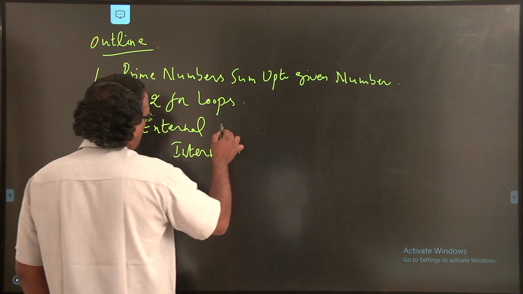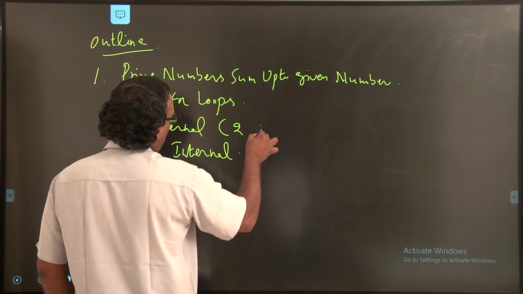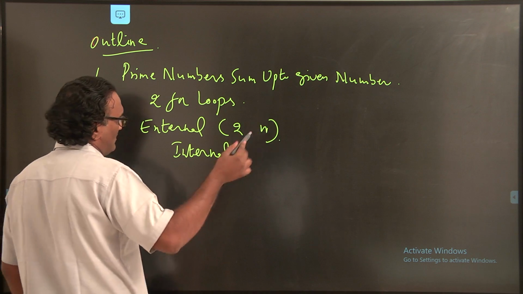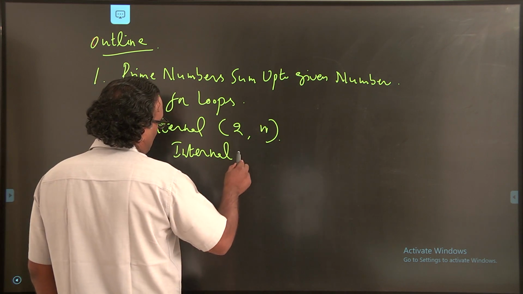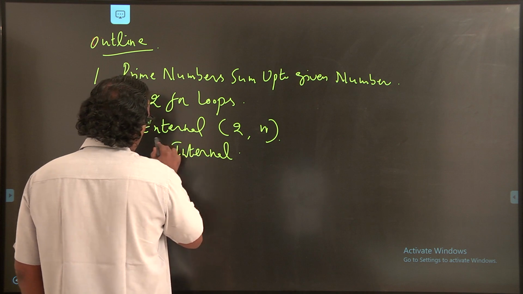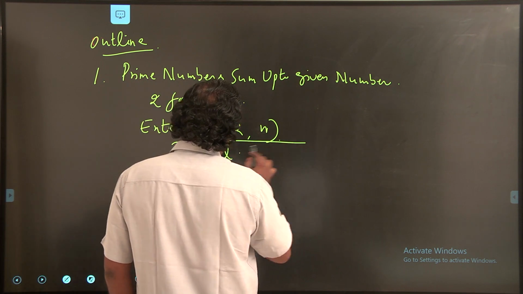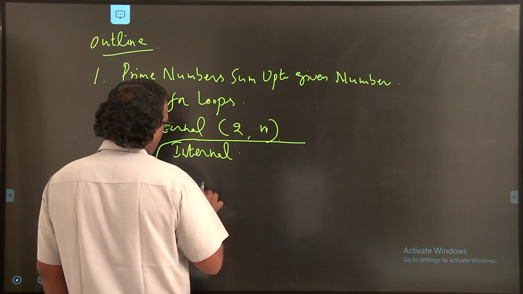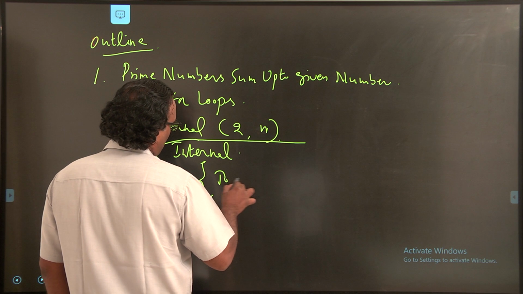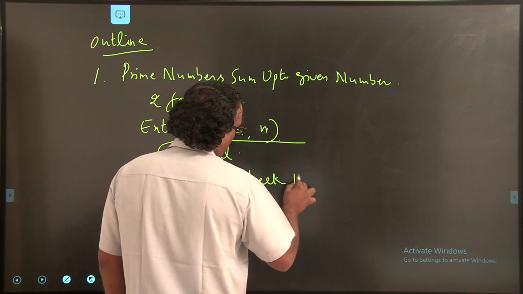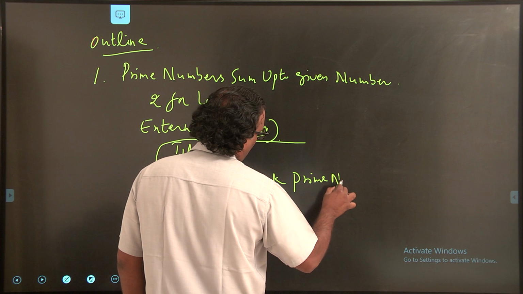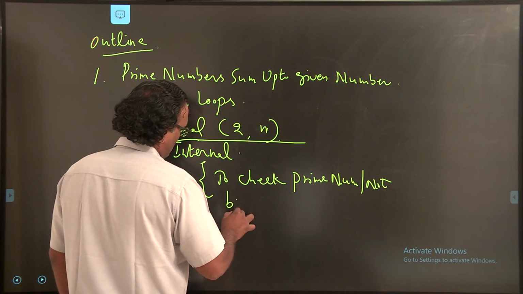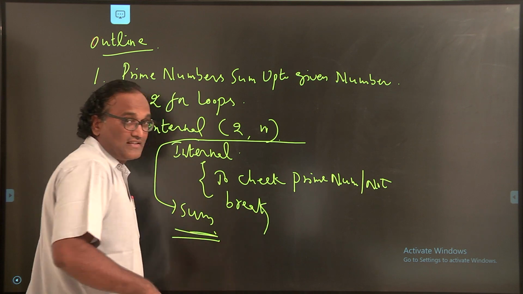The external loop is for moving through 2 to n, and we'll also use it for the sum calculation, and this internal loop is to check whether a number is prime or not. And we'll also use break here. The usage of break you will understand.